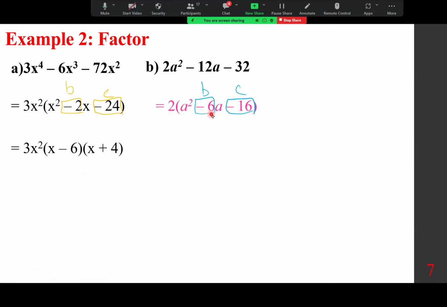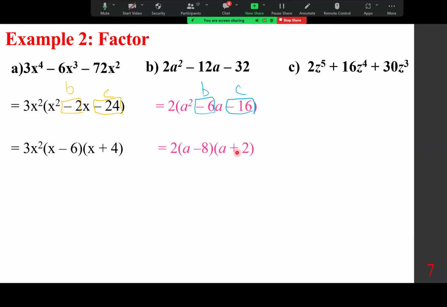What comes to mind? -8 and 2. Perfect. And by the way, just in case you're under the assumption it is positive 8 and negative 2, it's trial and error, and you can see it doesn't work.